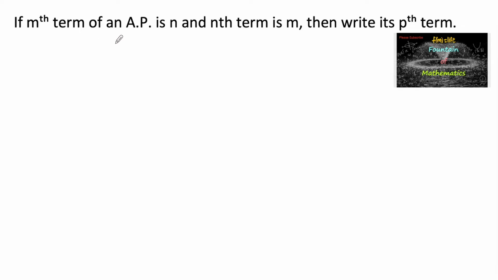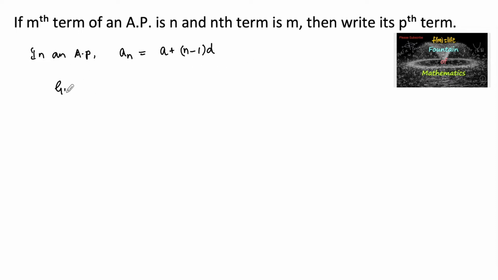If the mth term of an AP is n and the nth term is m, then find its pth term. In an AP, the general term an is given by a plus n minus 1 into d, where a is the first term and d is the common difference.